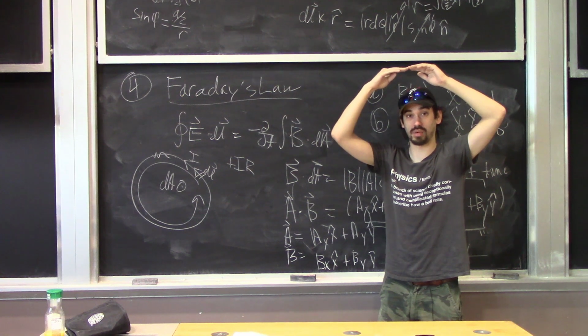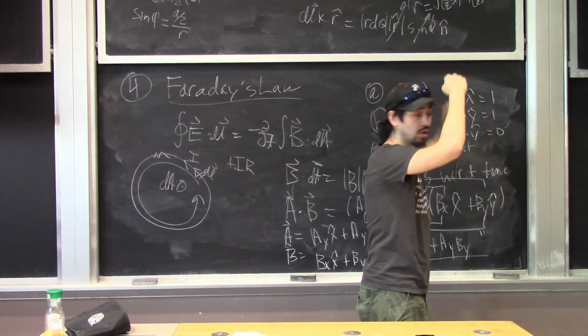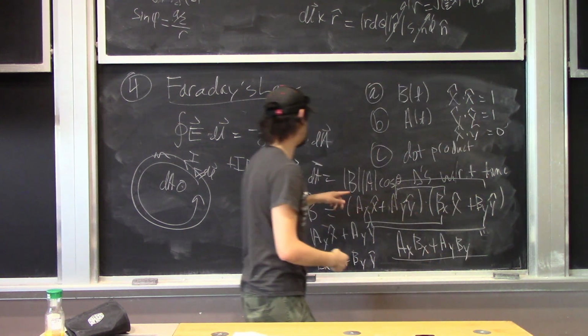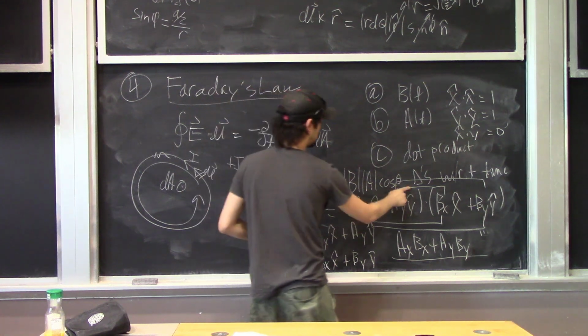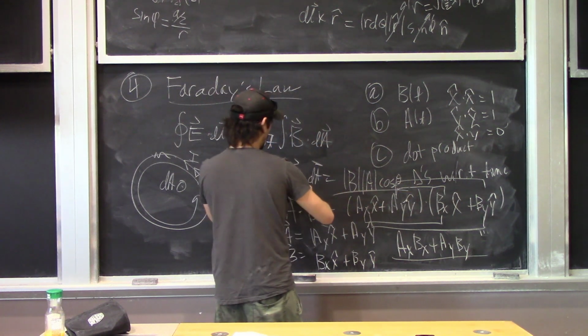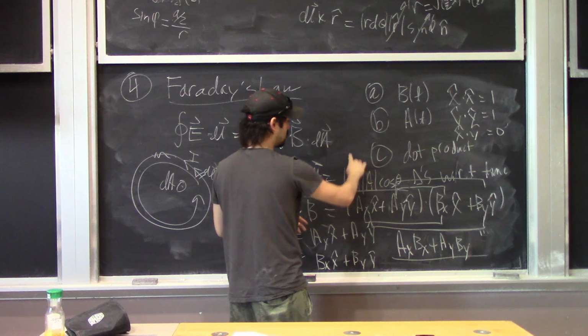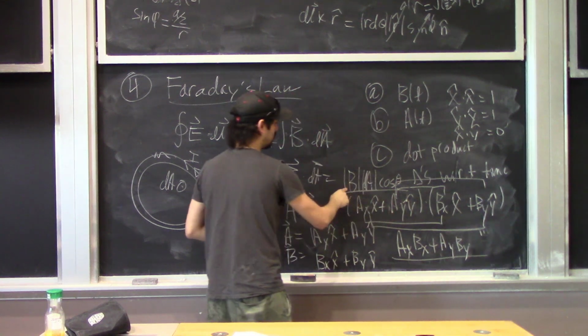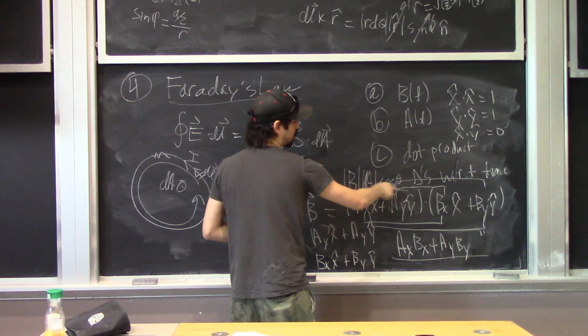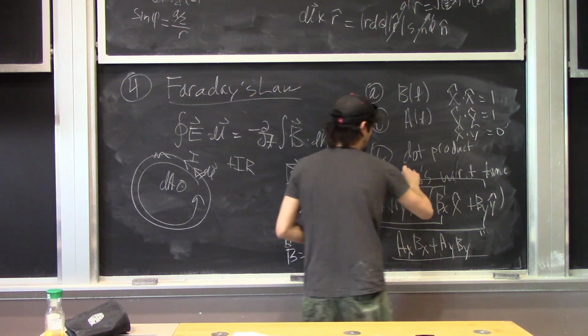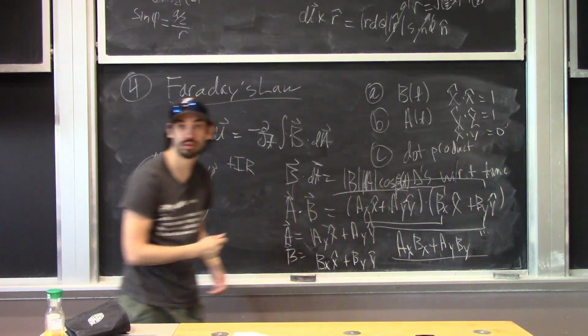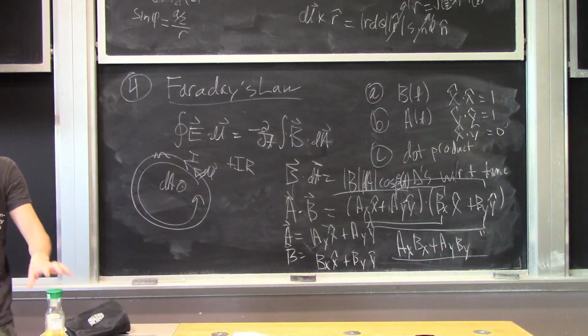So the area doesn't change, but I spin the loop. What that does is it changes this dot product: B vector dot A vector is equal to the magnitude of B times the magnitude of dA times the cosine of the angle between them. This angle is a function of time now. And that's it.